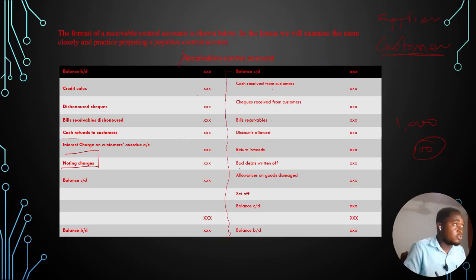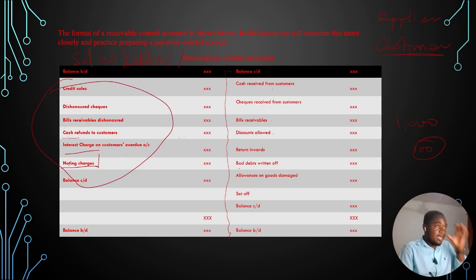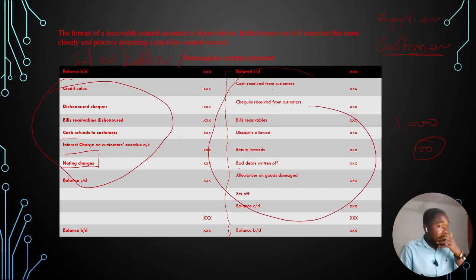You can also call it the debtors ledger or the sales ledger. All the items at the debit side of the account increase how much your customers are owing you. And then this side, the credit side, reduces the amount they are owing you.